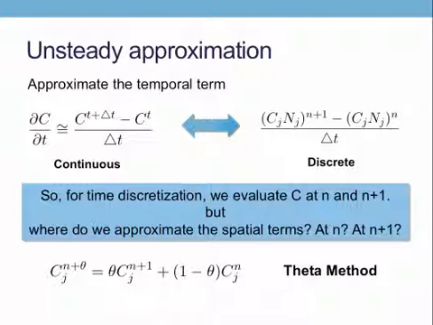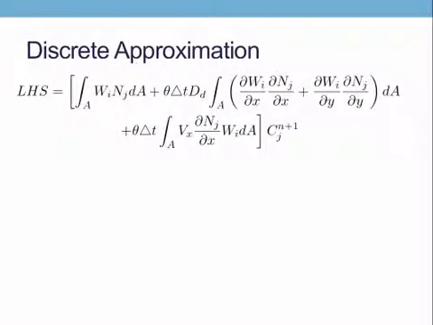This gives us a fully implicit method. At the other limit, if theta is 0, all of the spatial terms will be evaluated at C sub j at step n, giving us a fully explicit method. We can do it somewhere in between, and we know in fact that for theta equals 0.5, we recover the Crank-Nicolson scheme. Let's substitute these approximations for C sub j into our spatially discretized formulation.